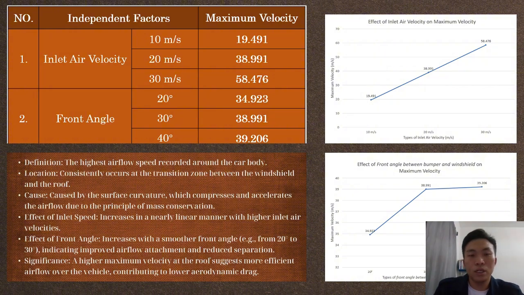This consistent rise highlights the direct relationship between the free stream velocity and localized flow acceleration over the car's curved surface. In terms of front angle variation at a constant inlet speed of 20 meters per second, the maximum velocity rose from 34.923 meters per second at 20 degrees to 38.991 meters per second at 30 degrees, and then only slightly to 39.206 meters per second at 40 degrees.